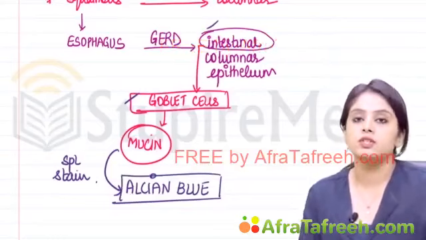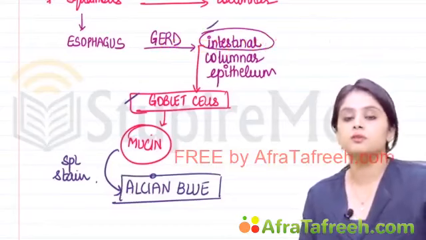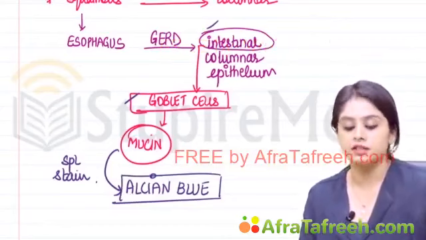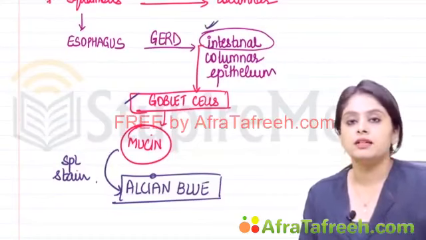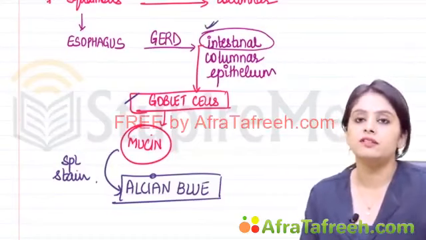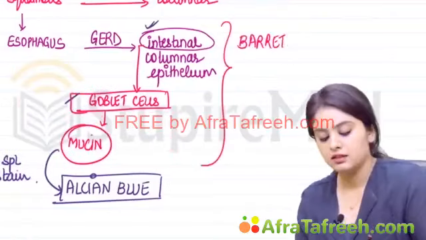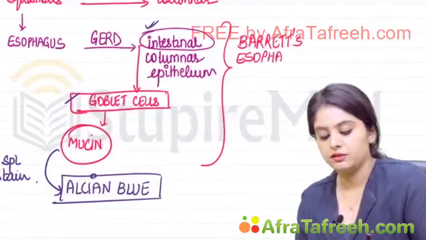This particular condition, what was happening? The normal squamous epithelium of the esophagus is converting into the intestinal columnar epithelium. That can be stained for goblet cells by mucin. This is known as Barrett's esophagus.